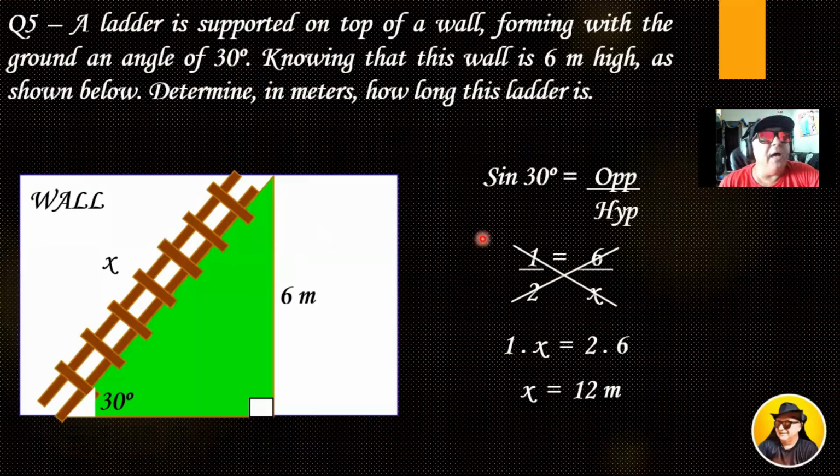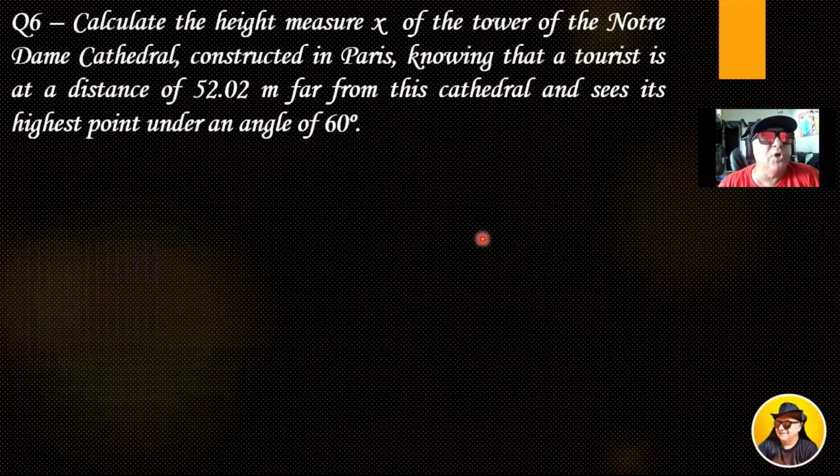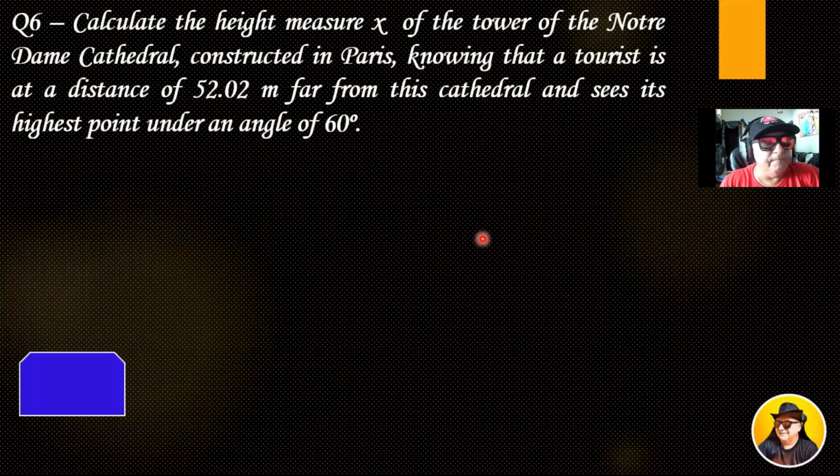Let's do question number 6, our last word problem. Calculate the height, measure x, of the tower of the Notre Dame Cathedral constructed in Paris, knowing that a tourist is at a distance of 52.02 meters from this cathedral and sees its highest point under an angle of 60 degrees.